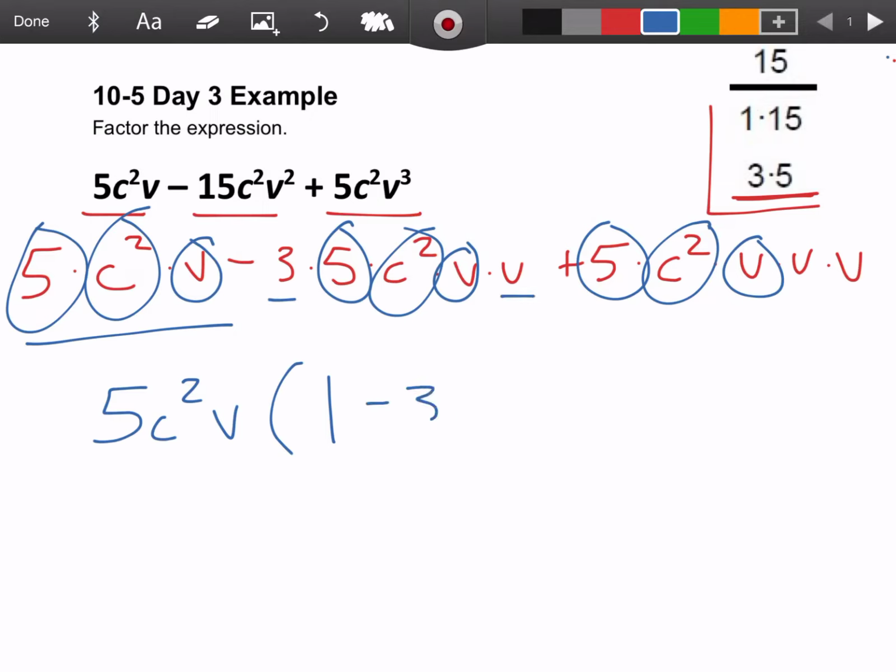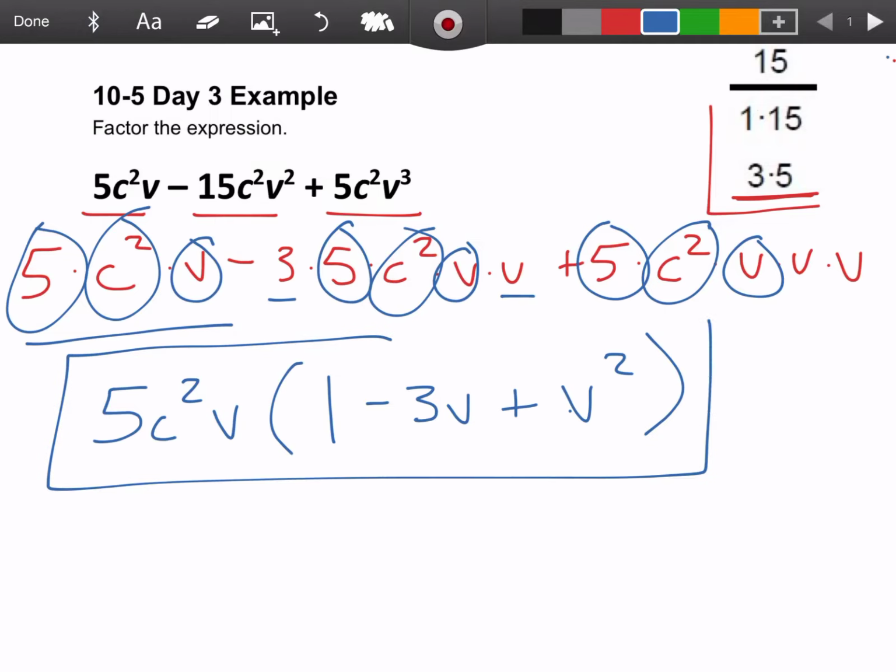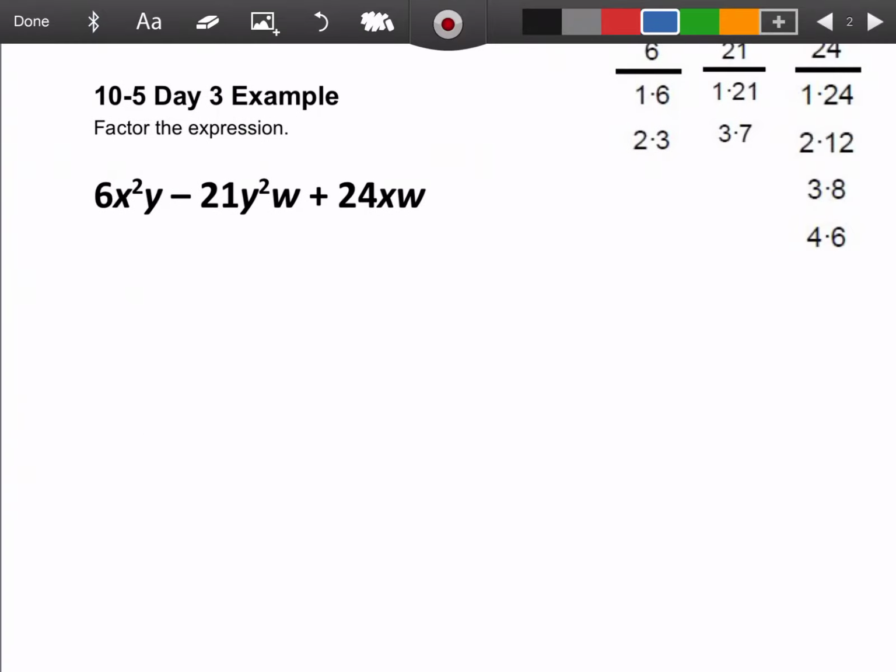And then in the second term we have 3v, and in the third term we have v squared. Okay, and so we just factored out 5 c squared v from all 3 terms. And so this would be our final answer for that problem.